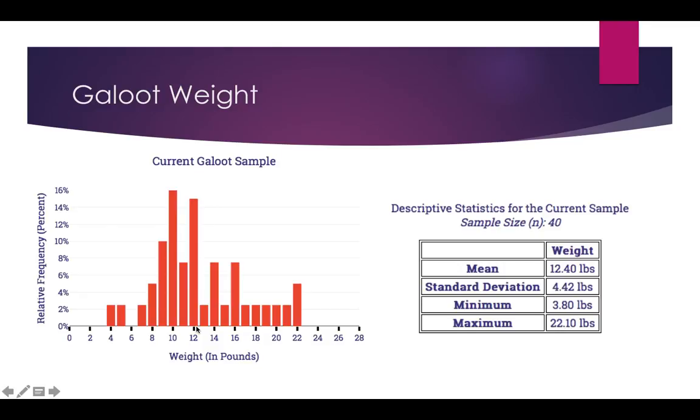The data is centered fairly well around the mean. The standard deviation is 4.42. So that means a majority of the galoots are going to fall between roughly 8 pounds and 16 pounds. The smallest galoot recorded was 3.8 pounds, and the biggest galoot recorded was 22.10 pounds.